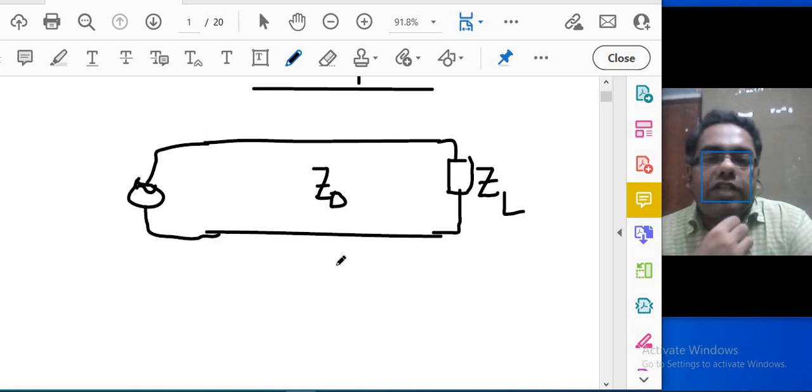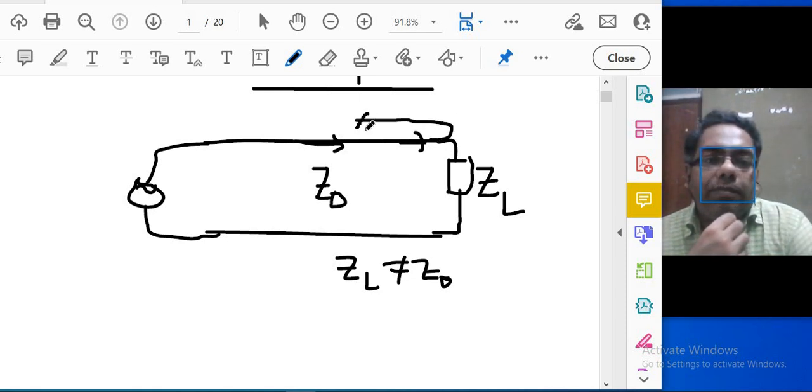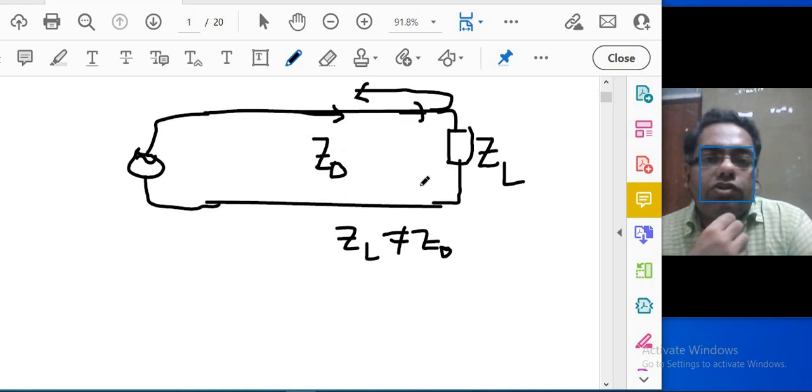Now, if ZL is not equal to Z0, then there is impedance mismatch, and the wave that is traveling from source to load, due to impedance mismatch, some signal will be reflected back.